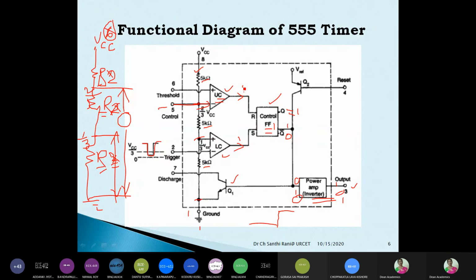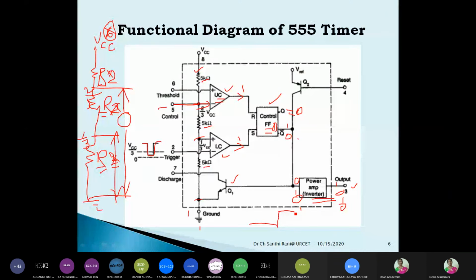So when this upper comparator output is set to 1, that means reset is equal to 1. That means the control flip-flop will be reset to 0. So when it is reset to 0, Q will be 0. When Q is 0, Q bar will be 1. So when Q bar is 1, output will be 0.